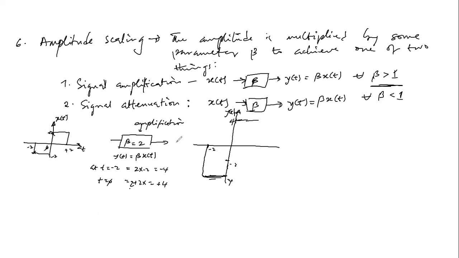And then at t equal to +2, the amplitude value is 0. So we have 2 times 0, that's the beta parameter, which is equal to 0. So it means at +2, the signal waveform returns to 0. So you see this is an amplified version of the signal.